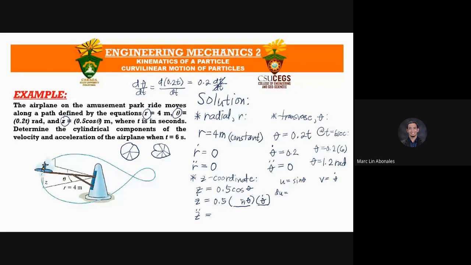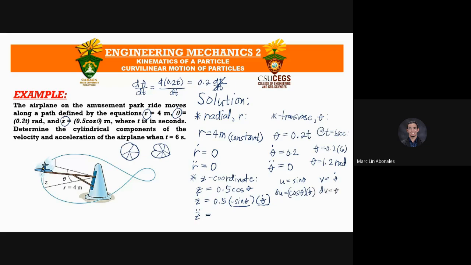So, don't forget to familiarize the derivatives of the trigonometric functions. So, negative sign. So, derivative sa sine is cosine. So, positive cosine. Tapos, theta dot. Then, derivative sa v would be theta double dot.